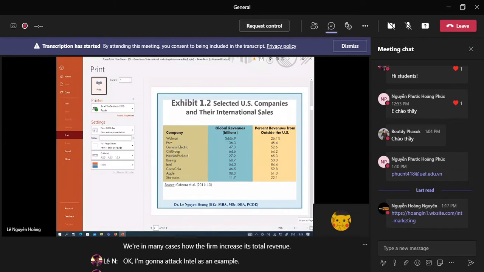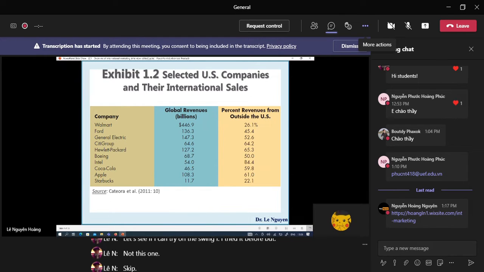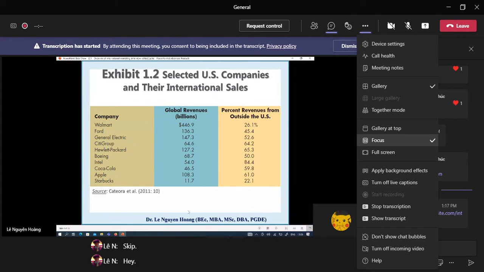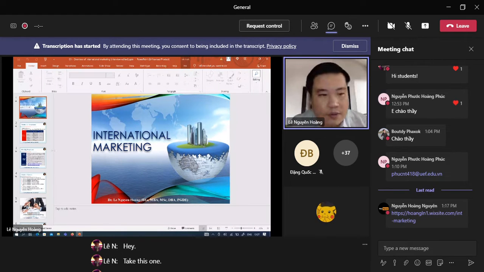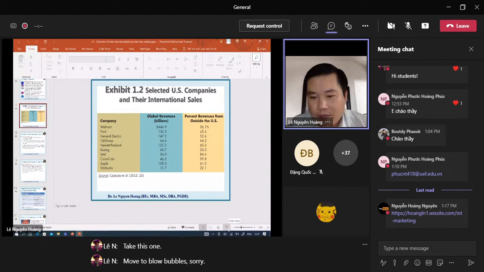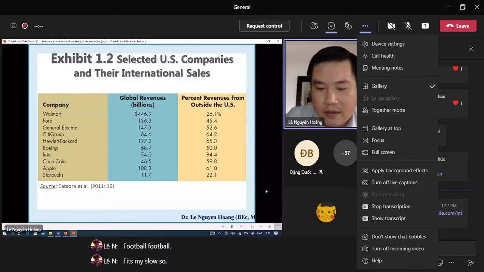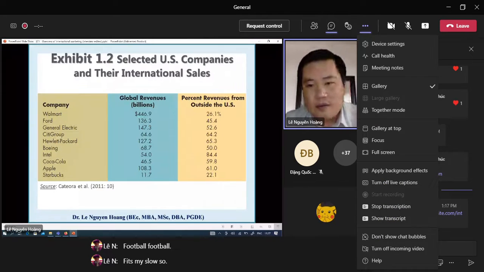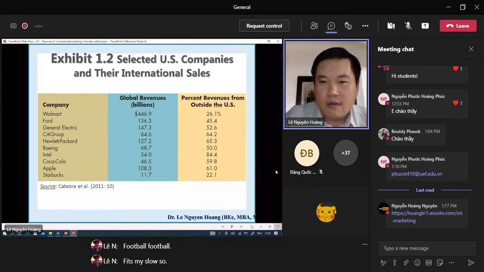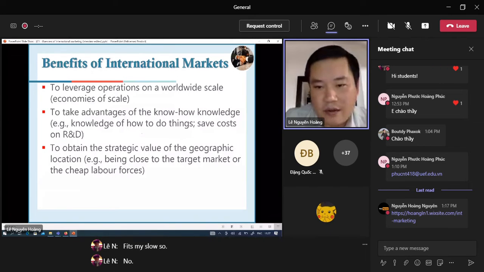Let's see if I can write on the screen. I tried it before, but not this version. I'm trying to figure out how to write on the screen.